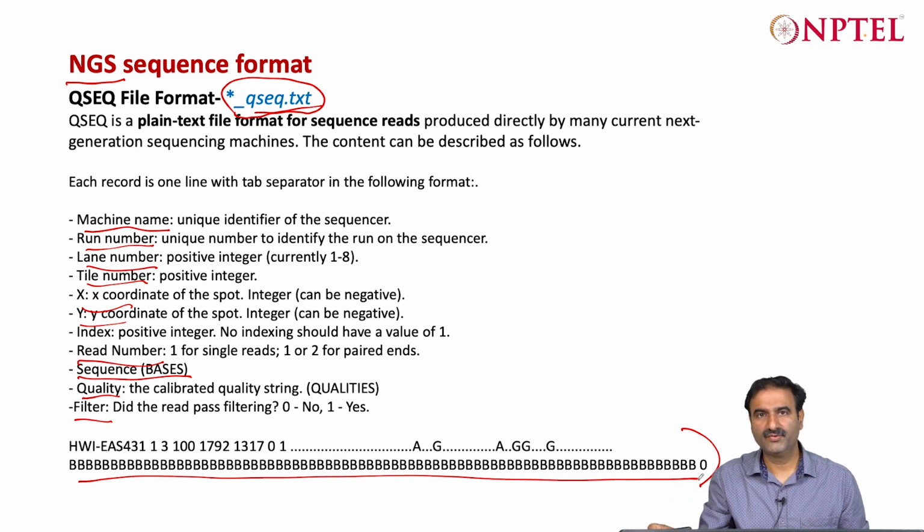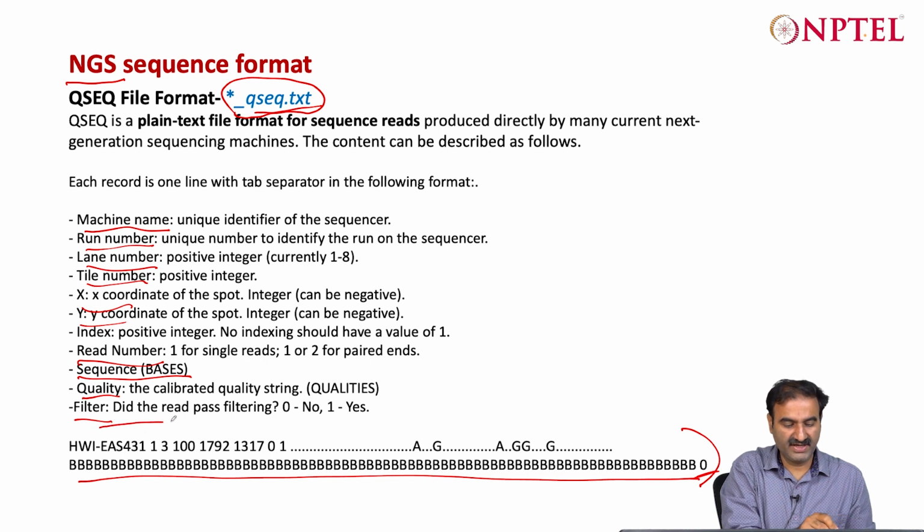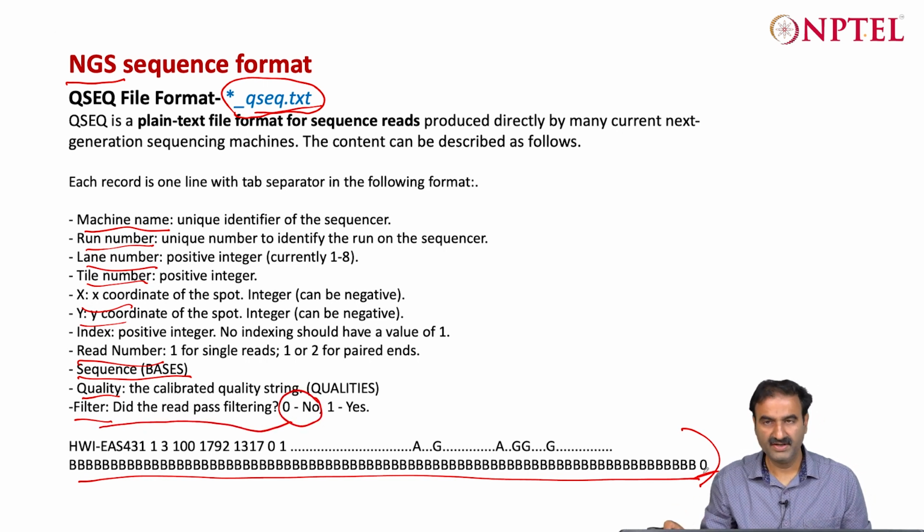There is a table associated with the formats, and you can go back and check what quality value B refers to, what C refers to, and so on. In the end you have 0, which indicates whether the read passed the filter. Here 0 was mentioned, so it is not a good quality sequence and it has not passed the sequencing filter.